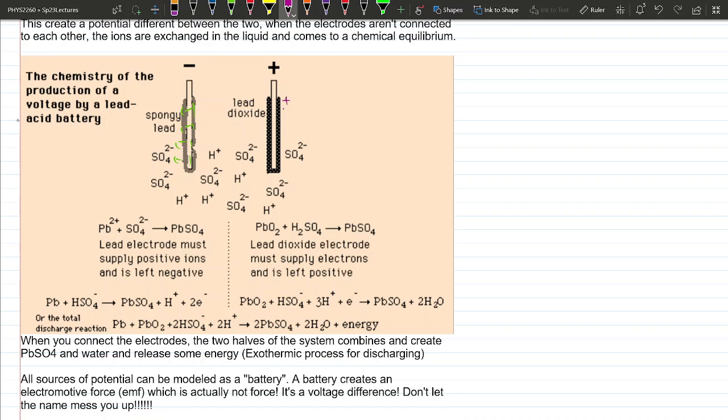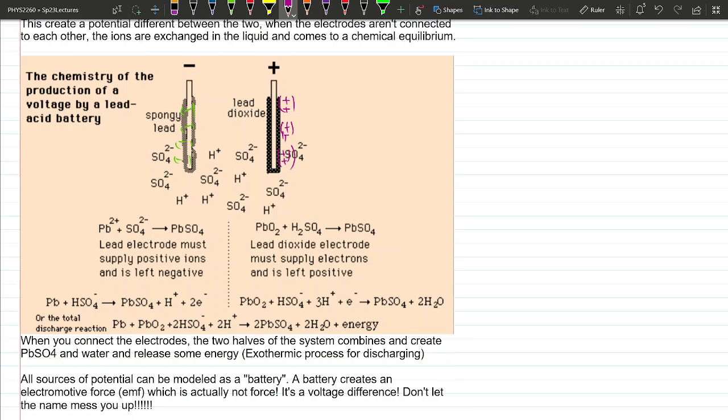For every reaction that happens here, you have 2 that happen on the left-hand side in order to balance out the charge. And that way, you build up a positive charge on this side and a bunch of negative charge on this side. Now you have 2 panels with opposite charge.